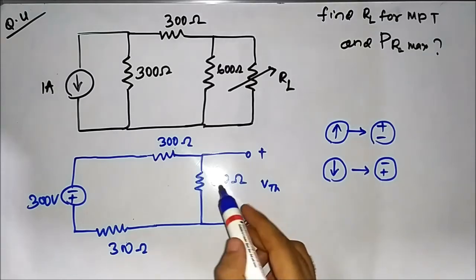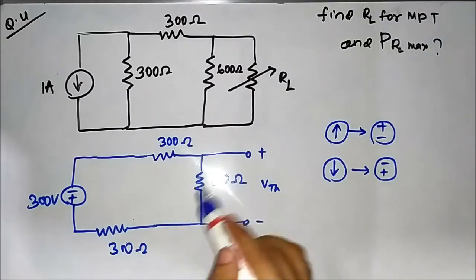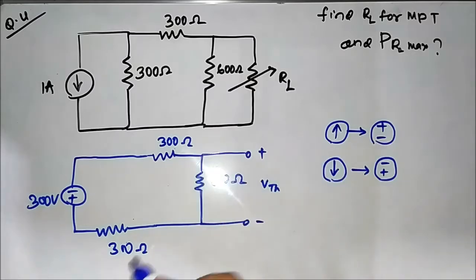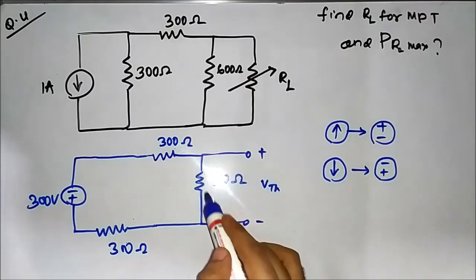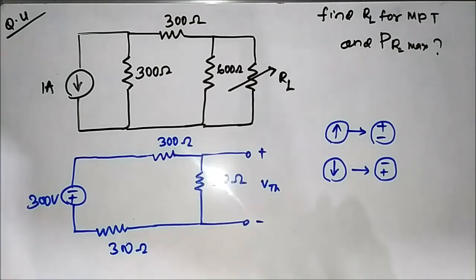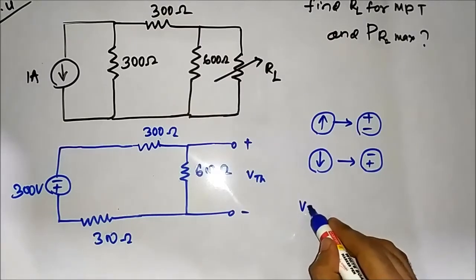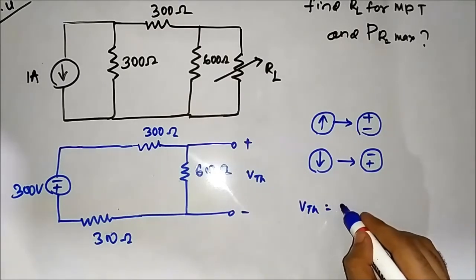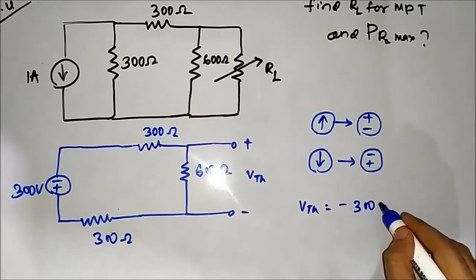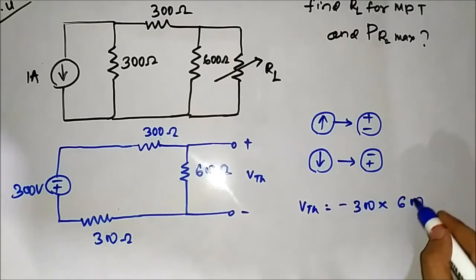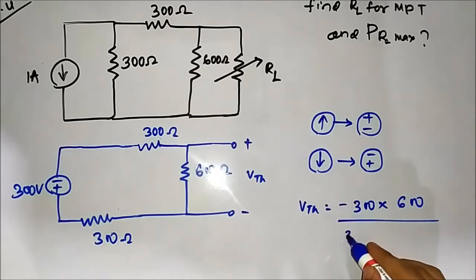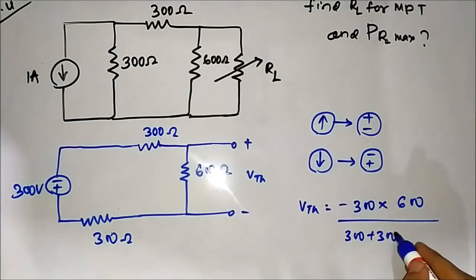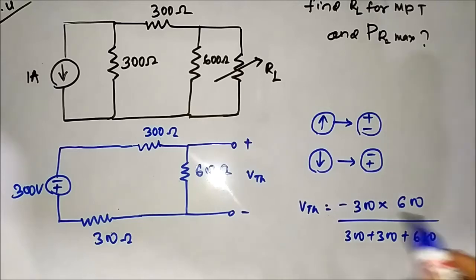Okay, so now we can simply apply the voltage division rule to find the voltage drop across the 600 ohm resistor. Okay, so here it would be VTH is equal to minus 300 into 600 by 300 plus 300 plus 600, because 300 and 300 they will be in series, so totally we can find it out.